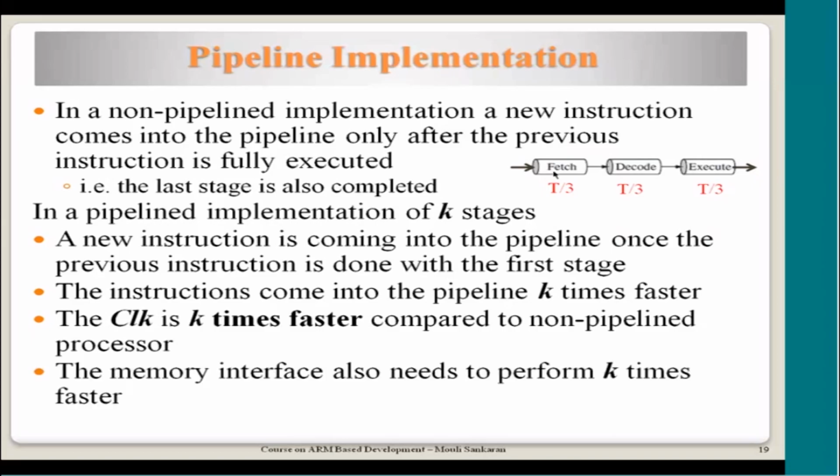And if the pipeline is making execution faster, accessing the memory to get the instructions also has to become faster. So memory needs to be better compared to the previous stage so that it can feed at the speed at which the processor wants the instructions. So memory also needs to be k times faster.